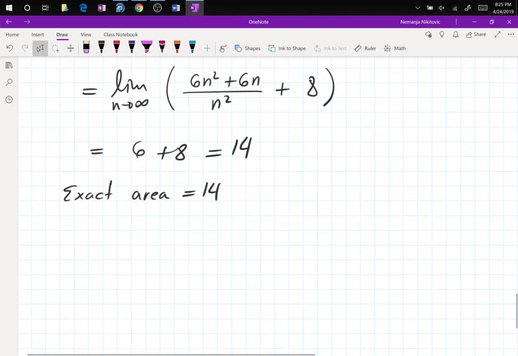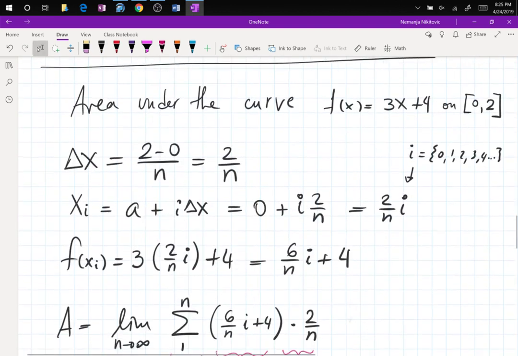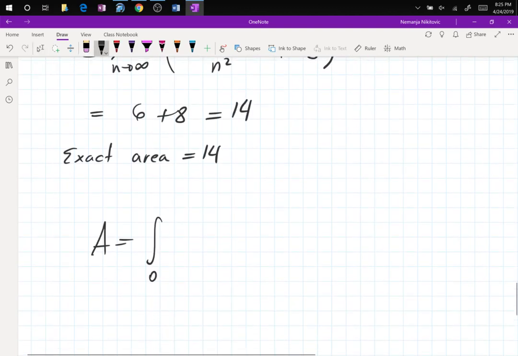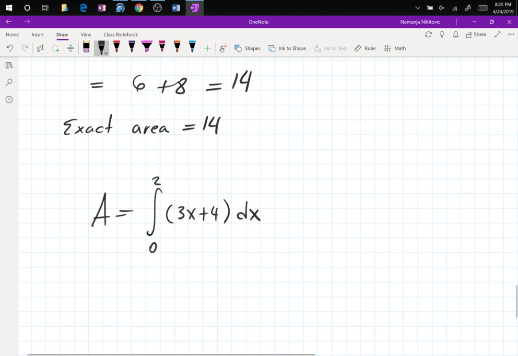Is there another way? Well, of course. Riemann integral. Riemann integral on the same problem. What was my problem? It was integral from 0 to 2 of 3x plus 4 dx.